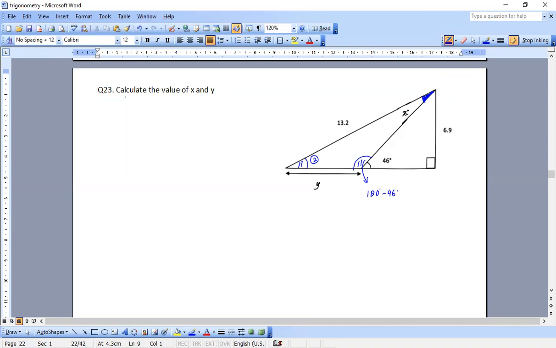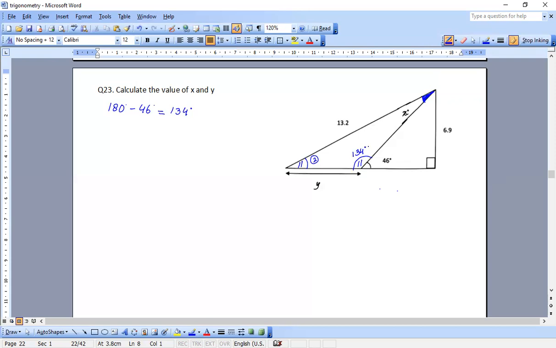So maybe I can show this working over here. I'll calculate the first angle, 180 minus 46, which is going to be 134. After I've done the calculation, I'll mention the value over here. This is 134. Okay, I have this angle.